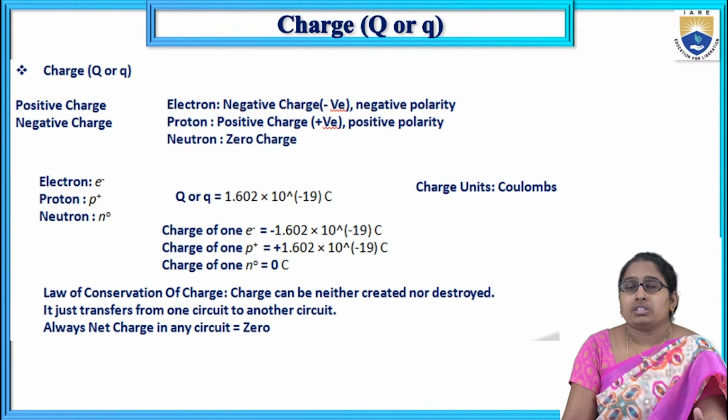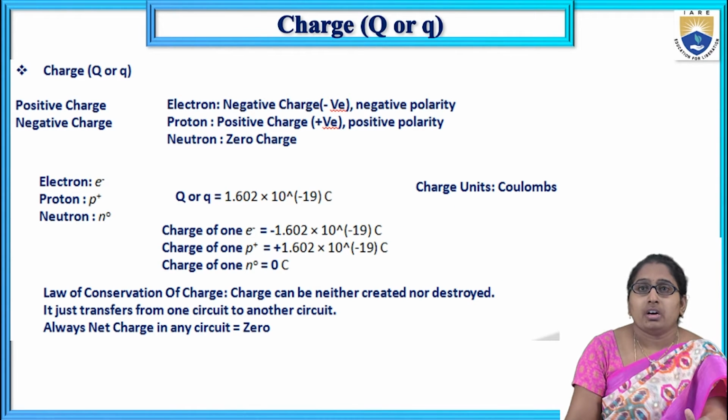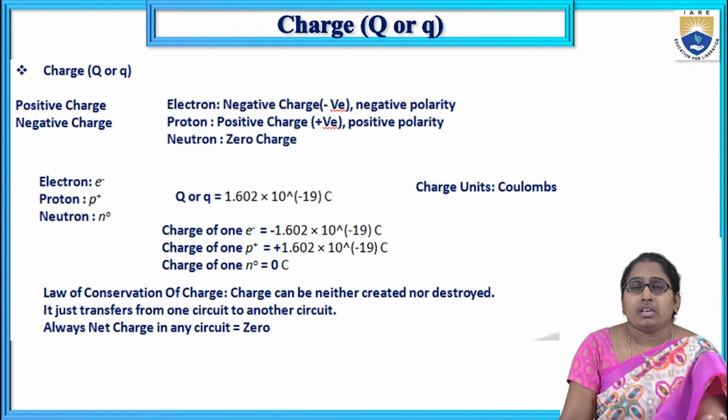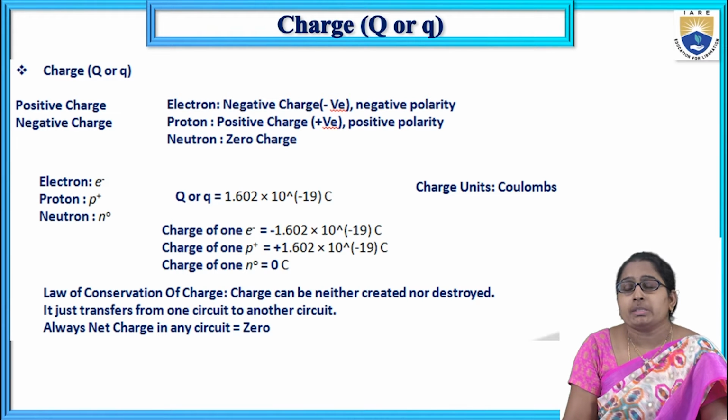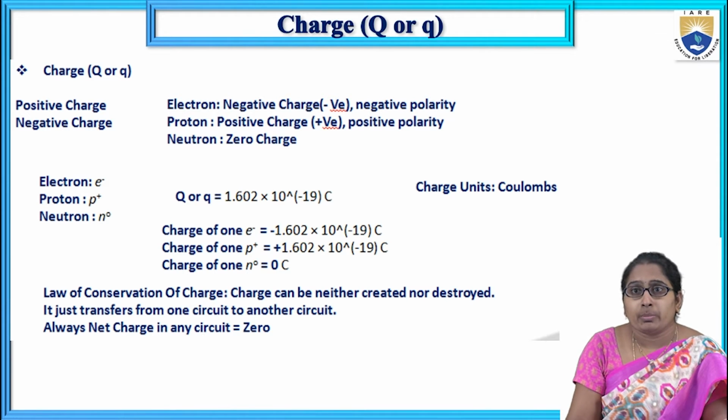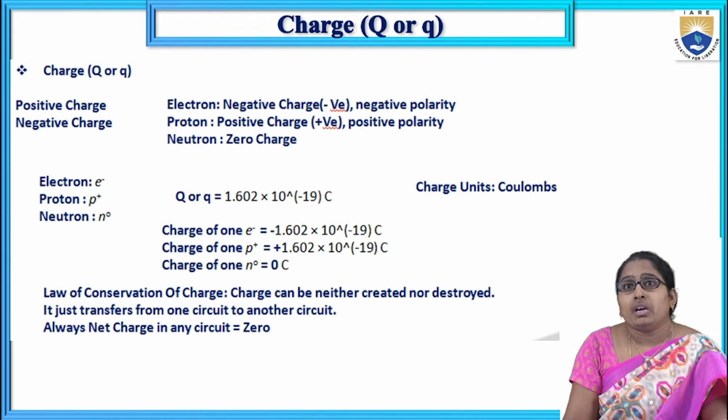Here the charge of the electron, proton and neutron: electrons are negatively charged and protons are positively charged. Each proton has 1.6 into 10 power minus 19, and each electron has minus 1.602 into 10 power minus 19 coulombs, and neutrons have no charge, so 0 coulombs.